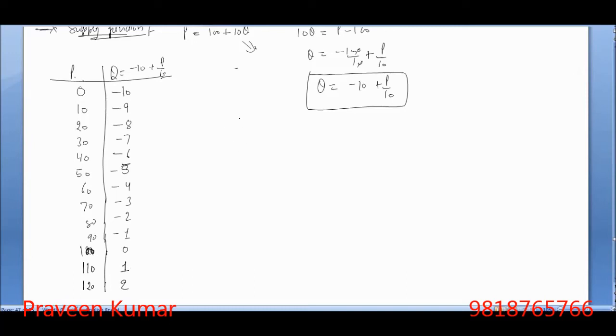So if we draw this supply function, see, prices are not negative, prices are positive, but the quantity is negative here.